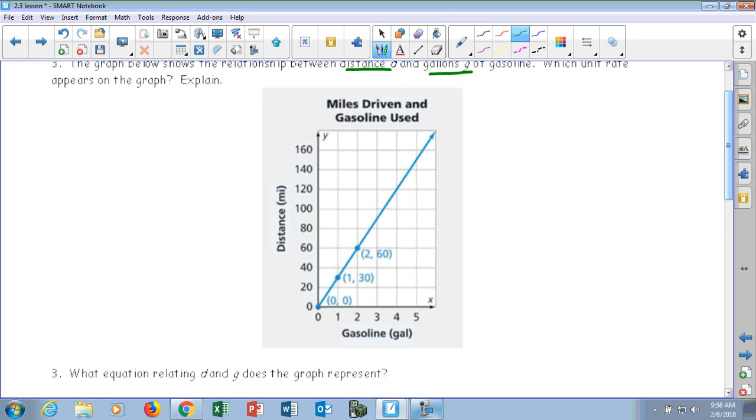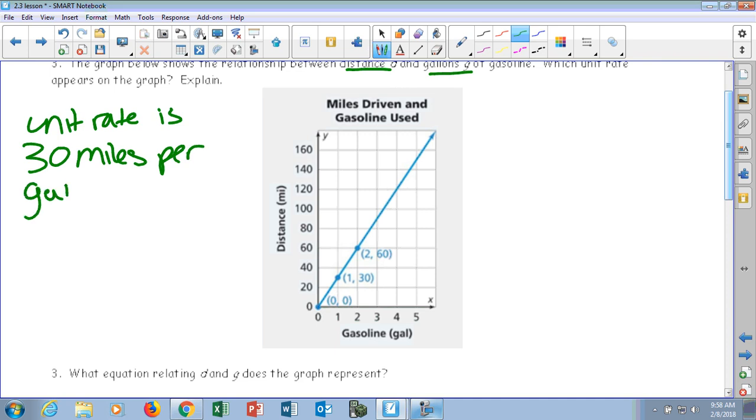It goes up 30. It goes from 0 gallons to 30 gallons. So then, Owen, what does it go up? Phil's not here. Rebecca, what does it go up by? From our 1 gallon to our 2 gallons? 30. So our unit rate, the graph shows that our unit rate is 30 miles per gallon.